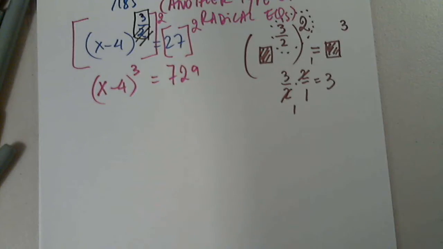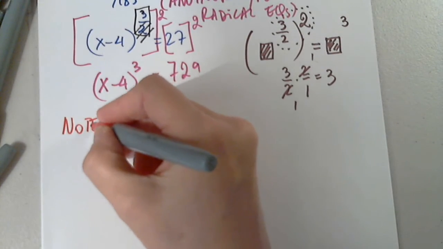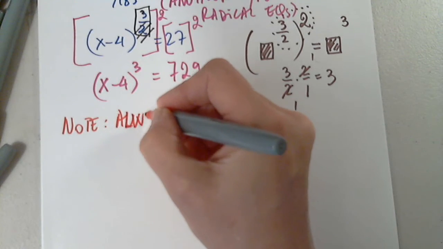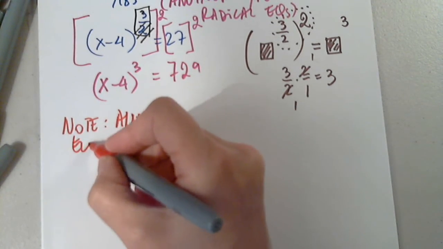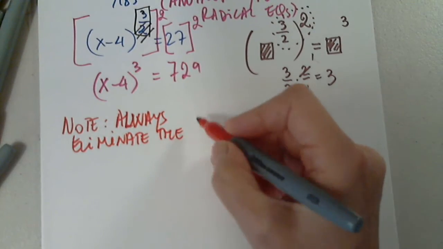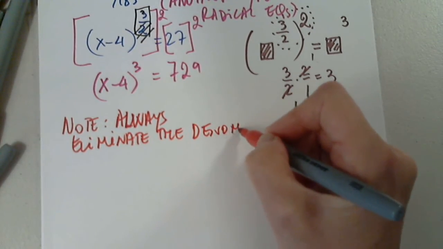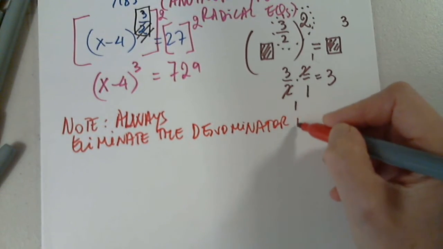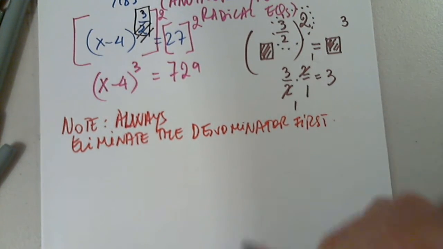That is the procedure. So let's write a note. Always eliminate the denominator first, for these equations, of course. And then we'll reach the numerator.